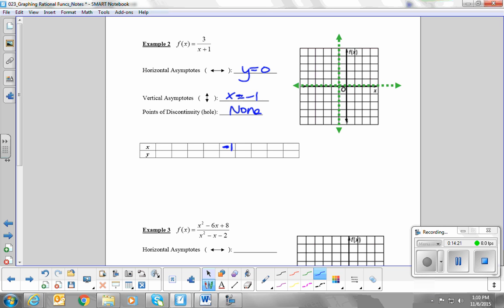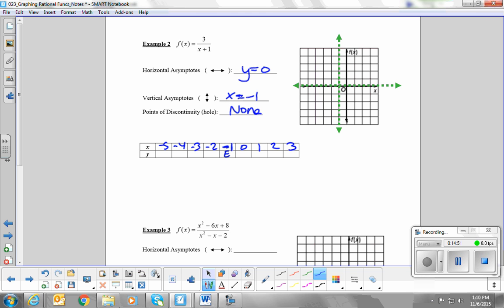And then we can put some points around it. So here, I'm going to get an error. Okay, -2, -3. So if I plug in -2, what do I get? -1? If I plug negative 2 in.